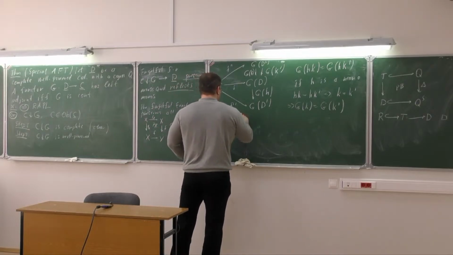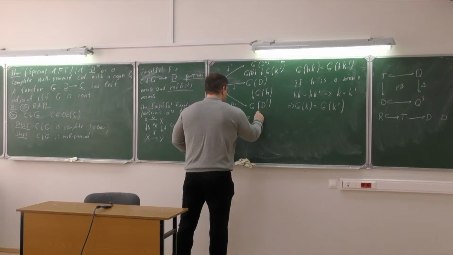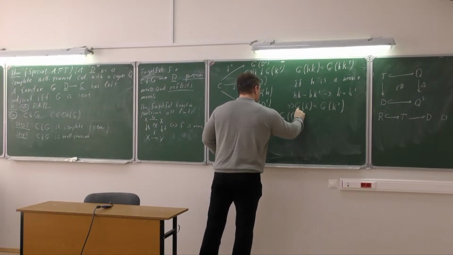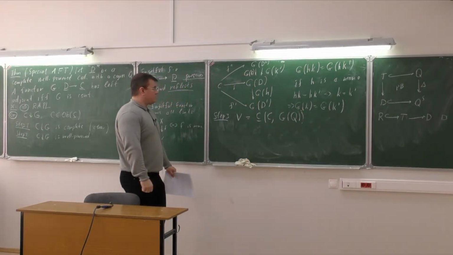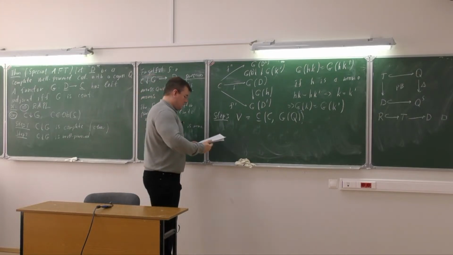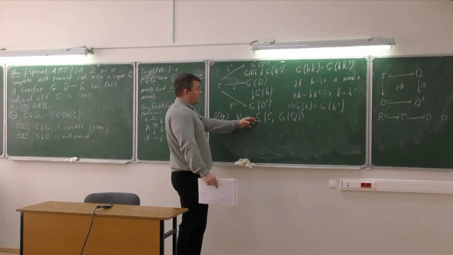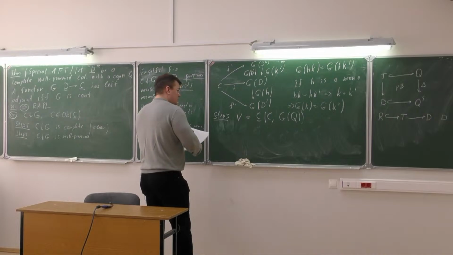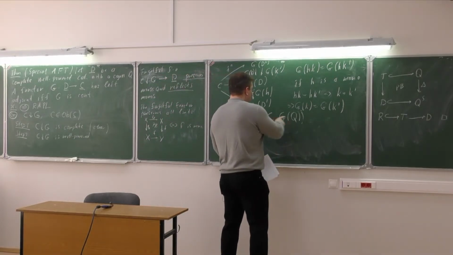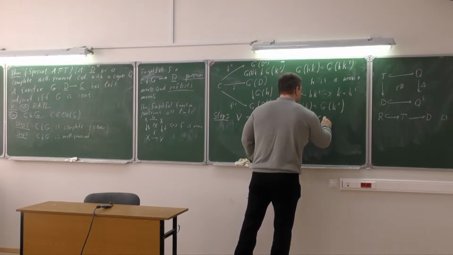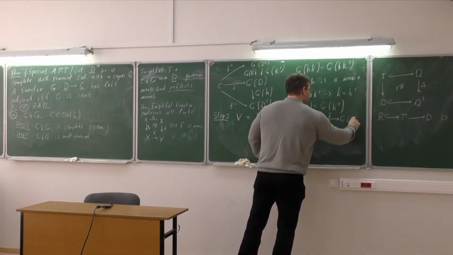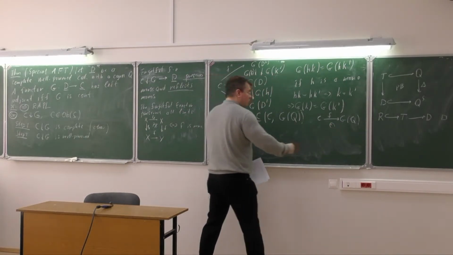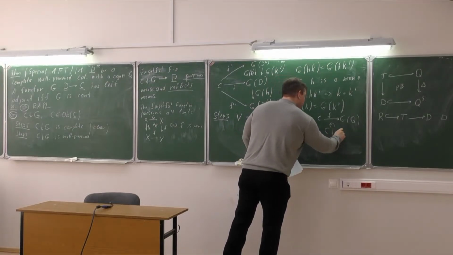For the family of cogenerators, I'm going to take V, and this will be the hom set in the category C. The object C is fixed, and I take all the homs from the object C to G of the cogenerator Q. I can interpret an element in this hom set as a map from C to G of Q, which is the same thing as an object in the comma category.